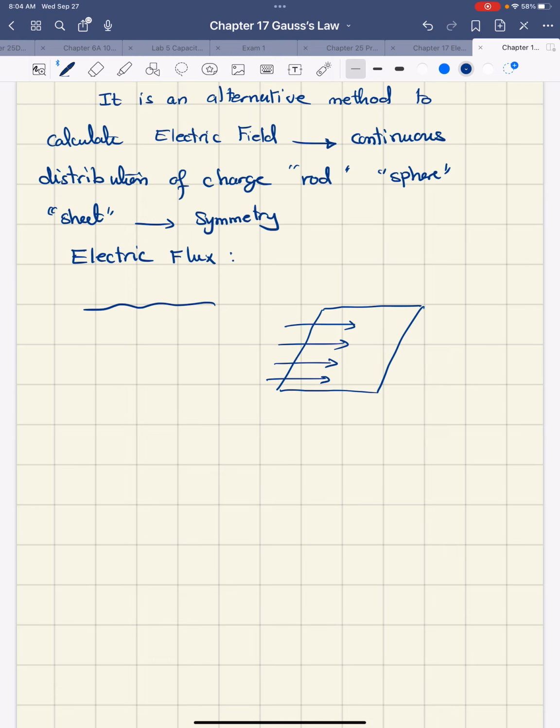For calculating electric flux, we call it phi, E times A times cosine phi.